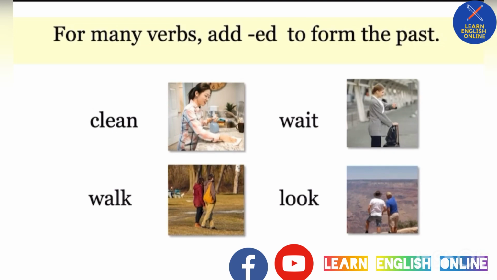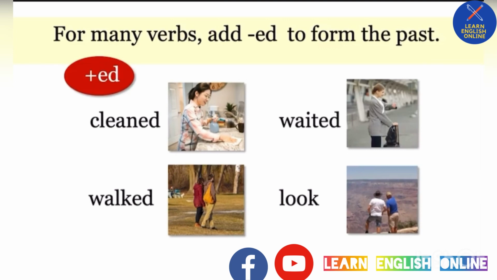For many verbs, add ed to form the past. So for many verbs, just add ed. Clean becomes cleaned. Walk becomes walked. Wait changes to waited. And look becomes looked.